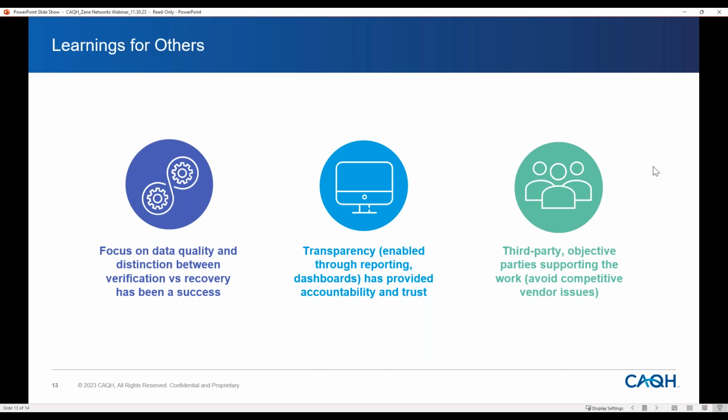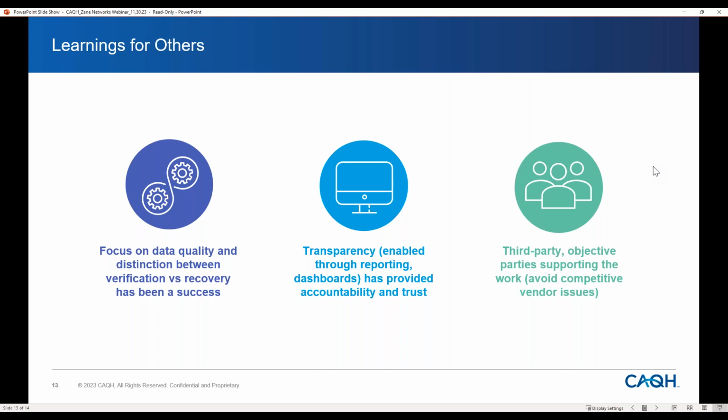Part two, and Jay had walked through some of the transparency in terms of the reporting and the dashboards, but the ability to work collaboratively with the client, with the district, to be able to frequently show progress and show what the volume of opportunity was, that went a long way in terms of driving long-term trust between not only Zane Network, CAQH, and the district, but it created a sense of accountability as well.